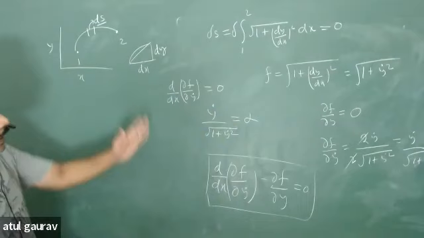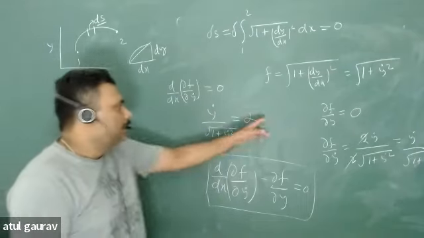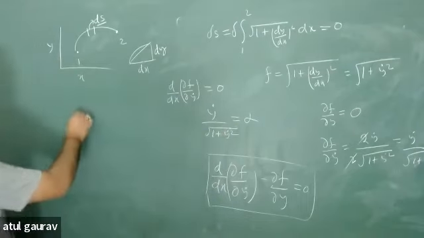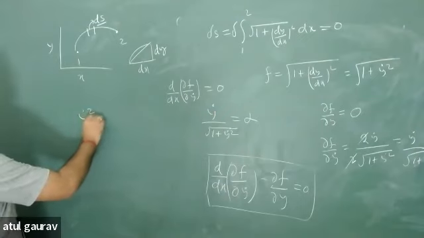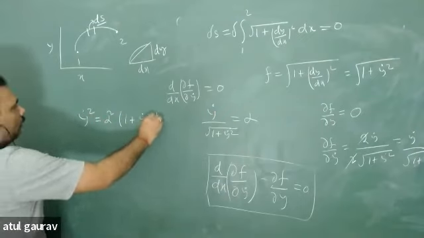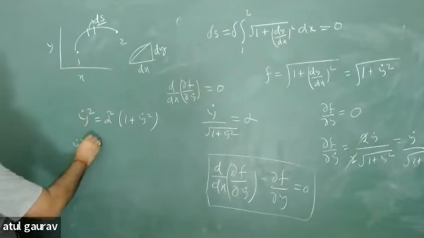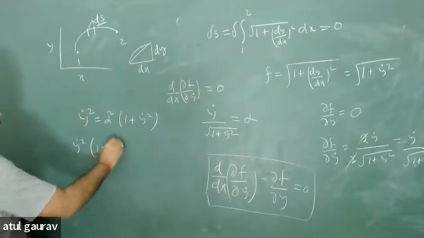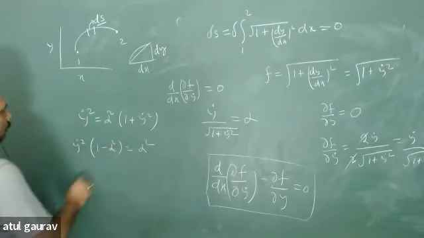What I am going to do is take it to this side and square it. So y dot square is equal to alpha square times (1 plus y dot square). Now I am just taking y dot square together. So y dot square times (1 minus alpha square) is equal to alpha square.